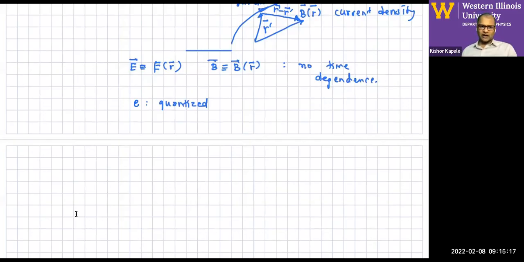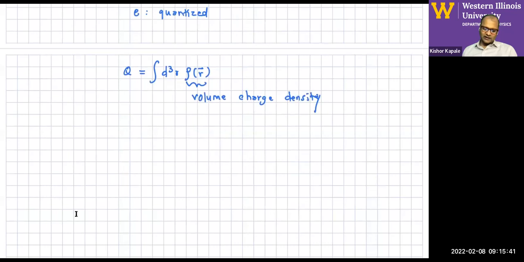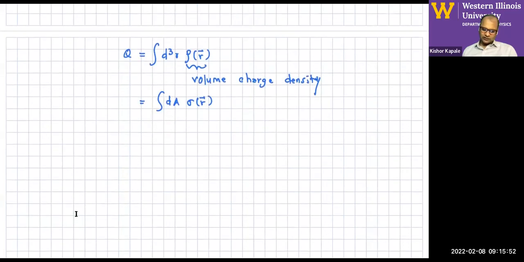The charge distributions that we encounter are always going to be continuous. And so we are going to have, let's say, a total charge in a certain volume of space given by a charge density and an integral of that. And we are going to assume that it is a continuous quantity. This is a volume charge density. It doesn't have to be that, it can be a surface charge. So you would then have a dA sigma of R. That would be a surface charge density.